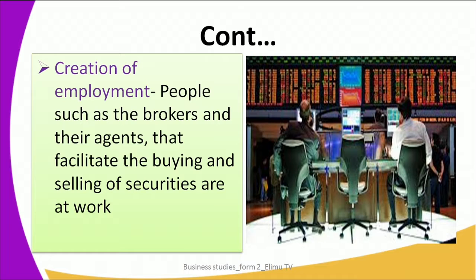Such people are like brokers and their agents, they facilitate the buying and selling of securities. So for that facilitation, they are working and they are paid for that. They get some income as a result of their facilitation of the buying and selling of securities of companies. So they earn out of that.